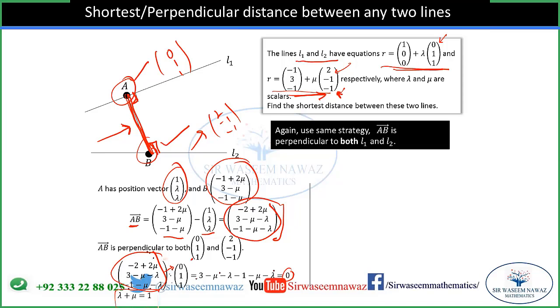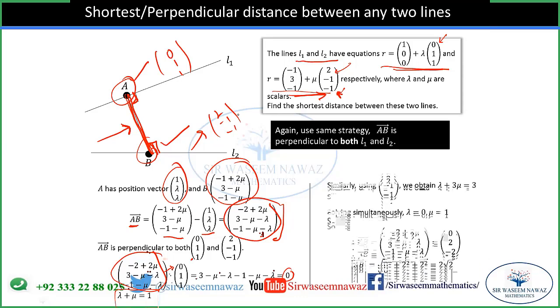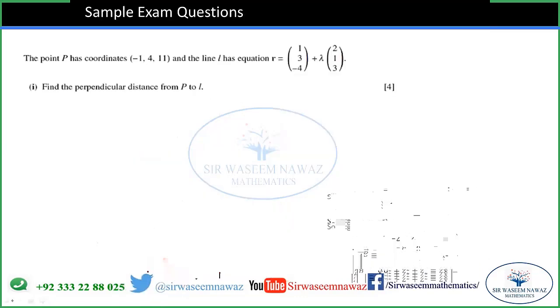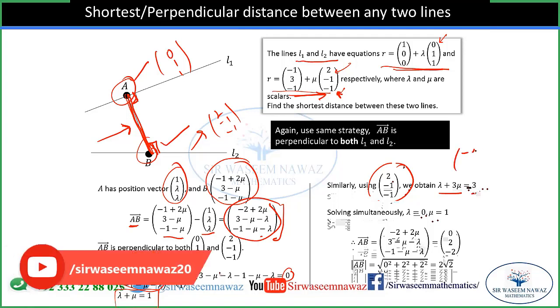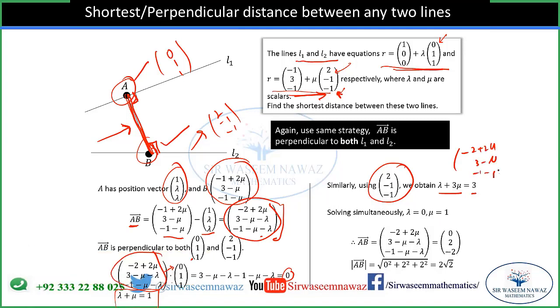Similarly, the dot product of AB with the other direction vector, 2, minus 1, 1, I will get another equation, lambda plus 3 mu equals 3. You do the same strategy here: minus 2 plus 2 mu, and 3 minus mu, and minus 1 minus mu dot 2, minus 1, 1 equals 0. And when you solve it, you will get this.